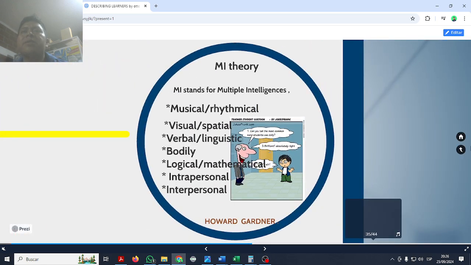In the other case, it's about multiple intelligences: musical, rhythmical, visual, spatial, and verbal, linguistic.